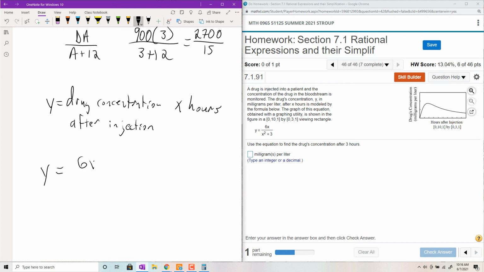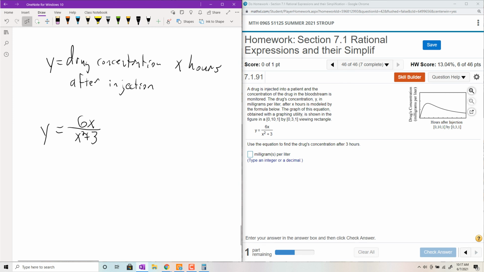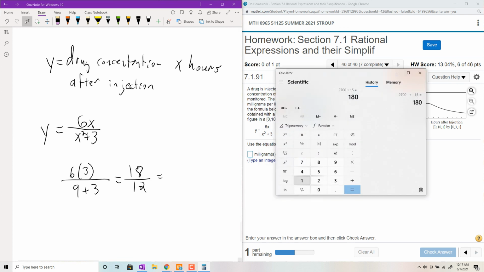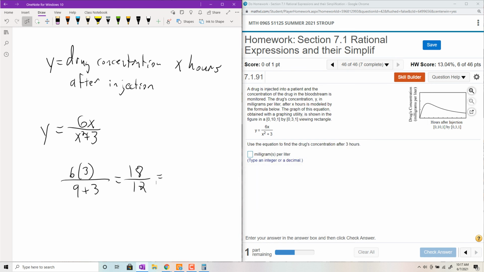The formula they give you is 6x all over x squared plus 3. Use the equation to find the drug's concentration after 3 hours. So plug in 3 for x. This is 18 all over 9 plus 3, so 18 over 12. Reduce. Type as an integer or decimal. I'm going to put that in as a decimal: 1.5 milligrams per liter.